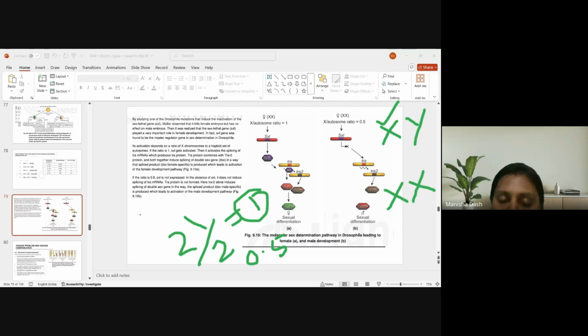So you will have a variation in the ratio, but organisms with this kind of imbalanced chromosomes will never survive.